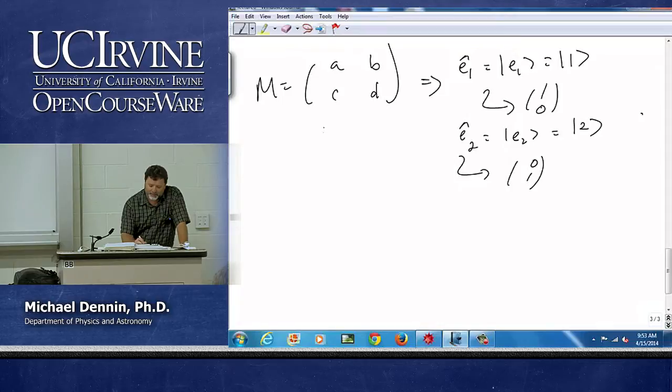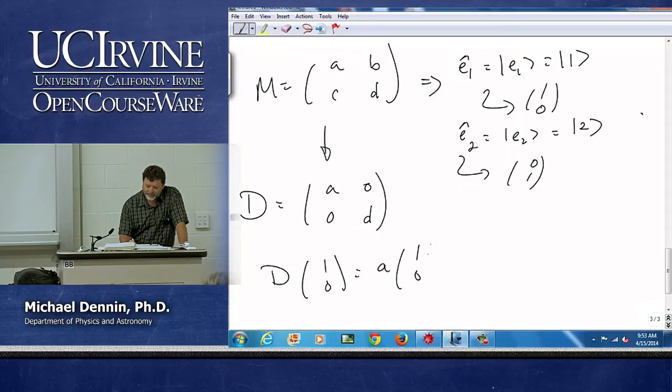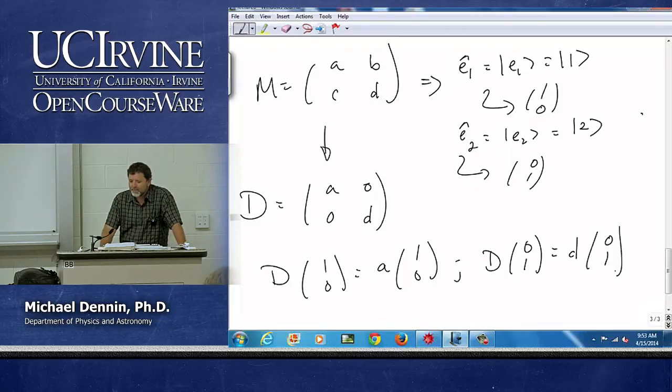Now, if M happens to be diagonal, let's call that D, then it'll look like that. And the nice thing about the diagonal matrix is D on 1, 0 will be A times 1, 0. And D on 0, 1 will just be D times 0, 1.